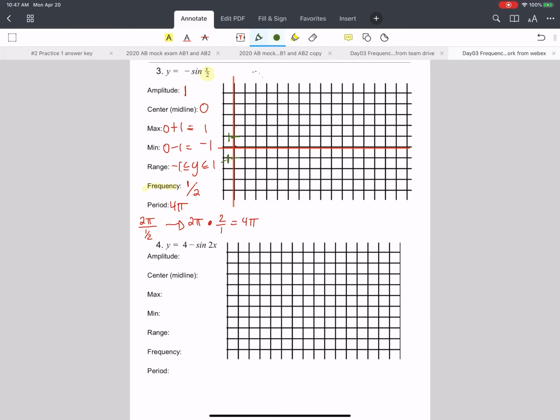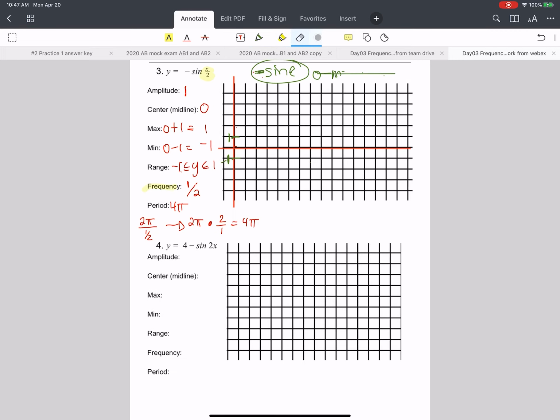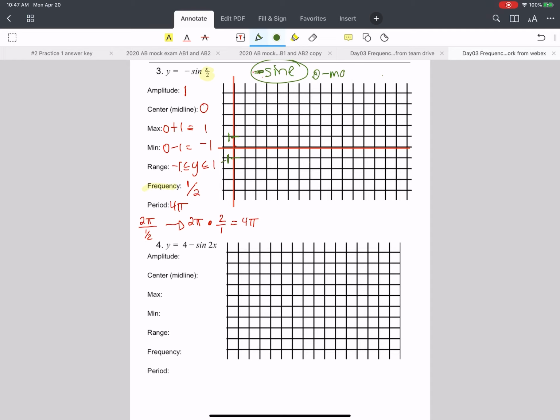This is a negative sine, right? So that means it's a reflection over the x-axis. So I go 0, and instead of going to max, I go to min. So I started 0, min, 0, max, 0.